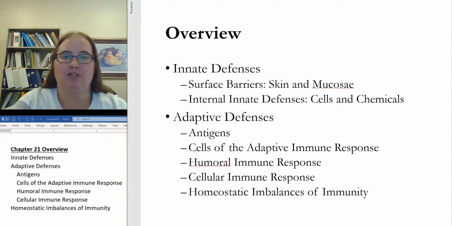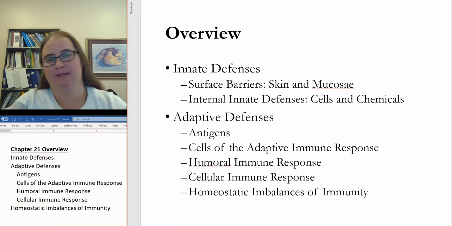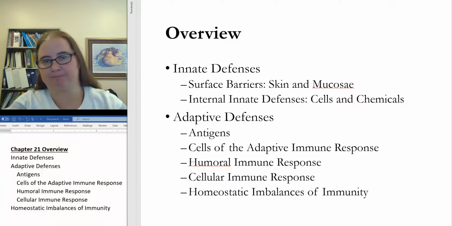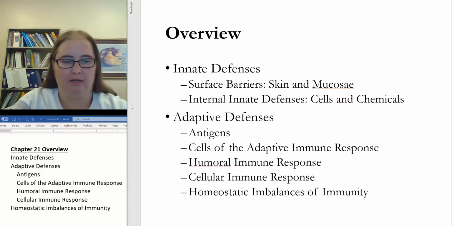And then we move into our adaptive defenses, and we'll talk about antigens, where hopefully that word is familiar to you guys. But we'll talk more extensively about antigens. We'll talk about cells of the adaptive immune response, our humoral and our cellular immunity, our immune response, and then we'll talk at the end of this chapter about some homeostatic imbalances of the immune system. So in this first video, we're going to focus on innate defenses.